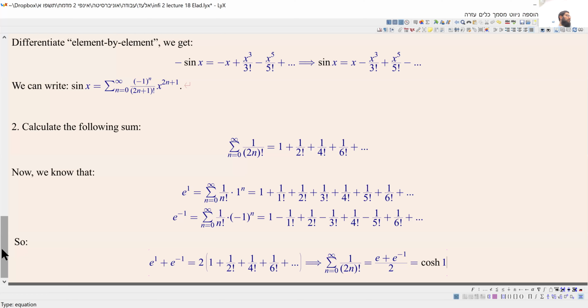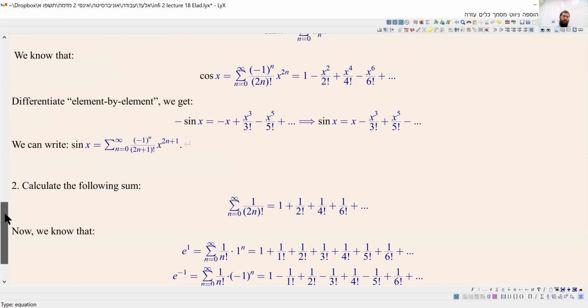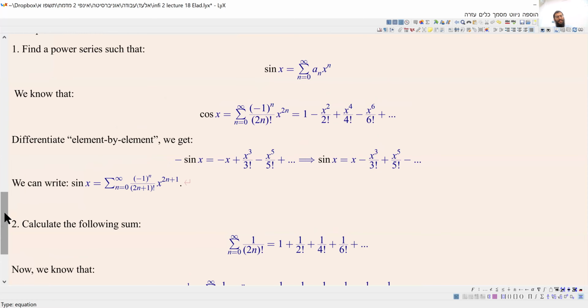I'm not saying you'll never need to calculate the coefficients by hand using the derivatives in Taylor, but most of the time we are not engaging with calculating the coefficients and the nth derivatives.